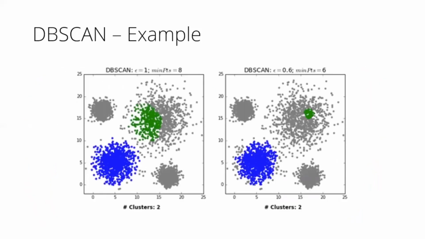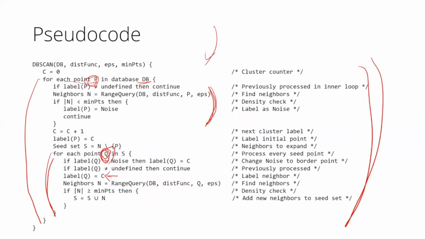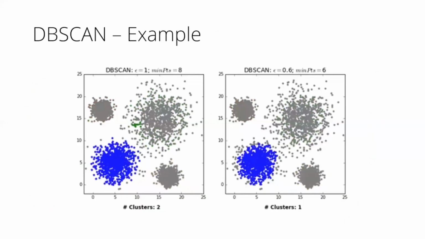So here is a nice animation of how the DBSCAN algorithm works. Let me go back and play this again. As you can see, it propagates from a seed point, and it merges points based on density.